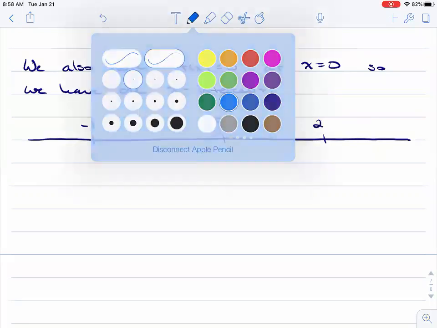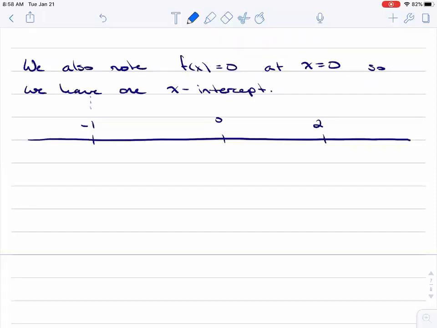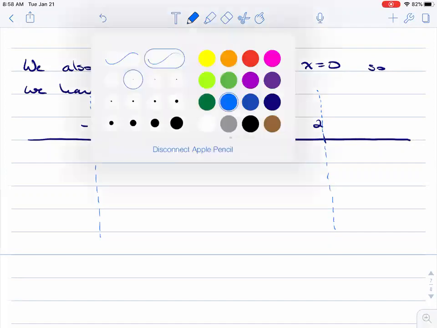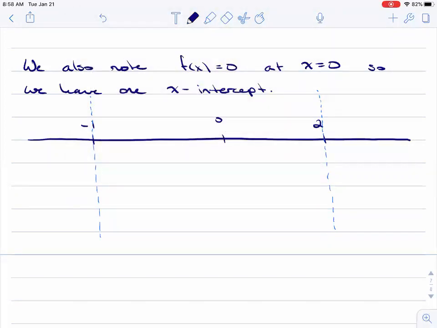So we can map this out and say, okay, I know I have asymptotes at -1 and 2. I also know that my output is going to go from being positive to negative.